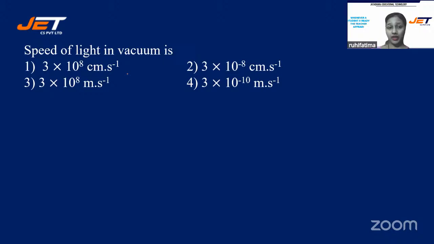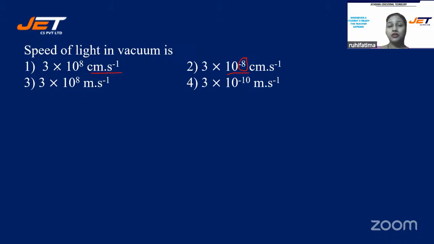Okay, students, see, just focus here. Focus on the units. Focus on the powers over here. See, the options are very similar, but there is a very slight difference. And this slightest mistake, if you miss it by chance, then your answer will be wrong.